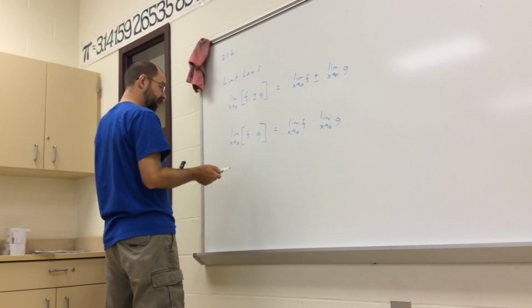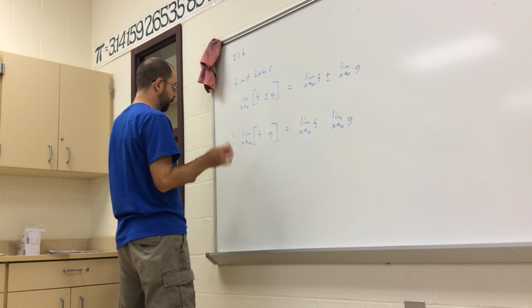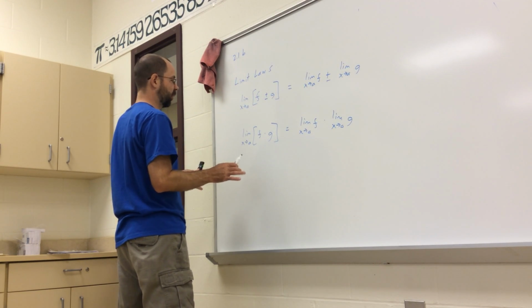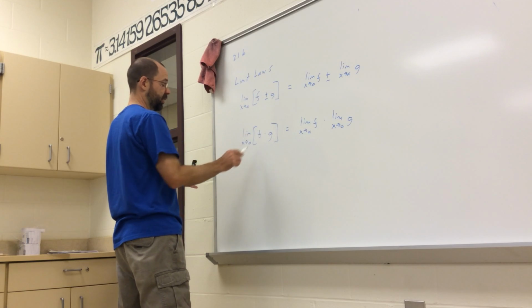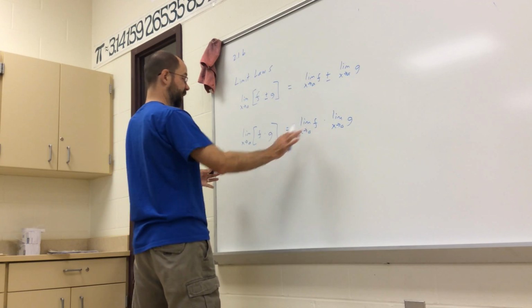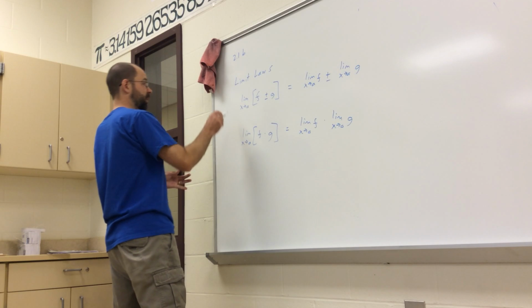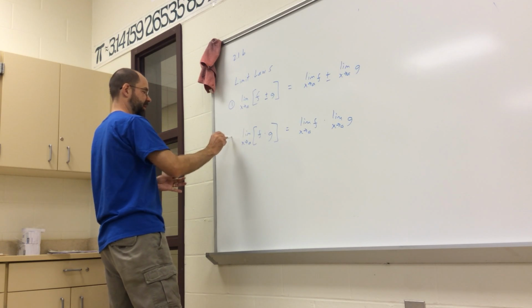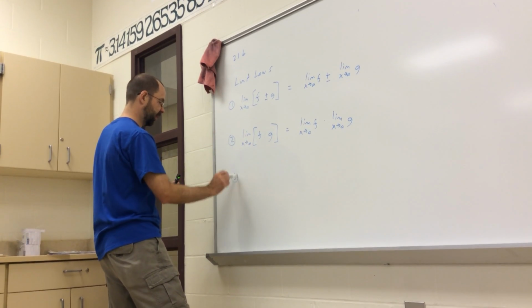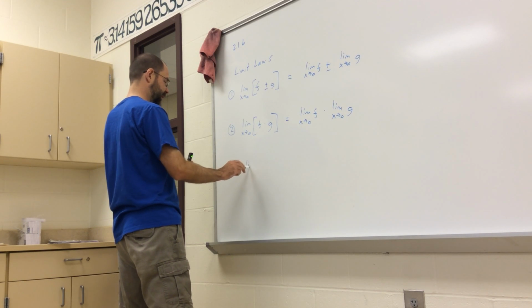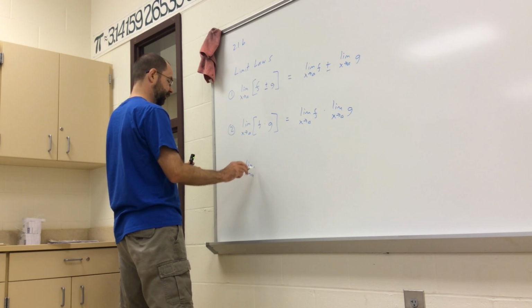Okay, the same thing works with division, but with division it doesn't always work. With addition and subtraction and multiplication, it always works like this. So we'll call this limit law 1 and this one limit law 2. So here's the third limit law, the limit law that involves division.